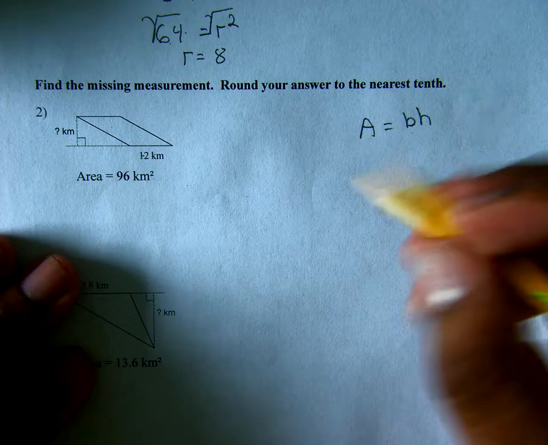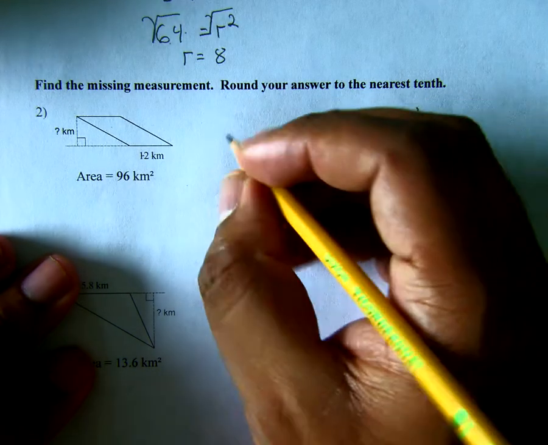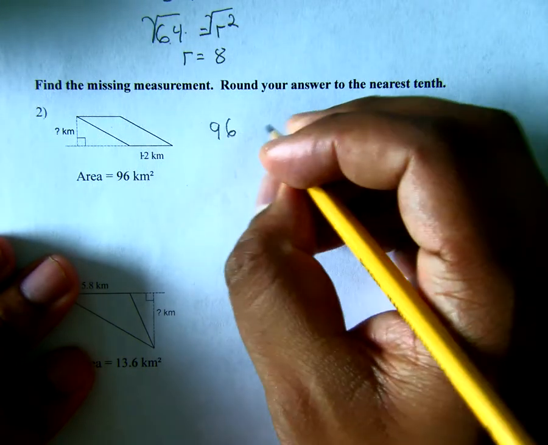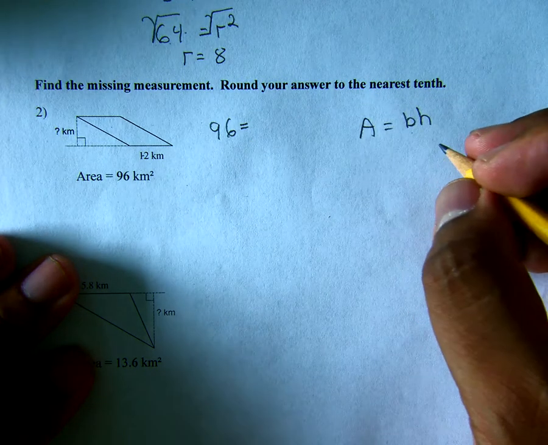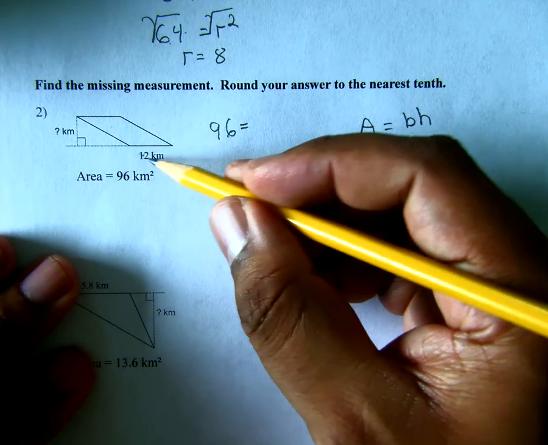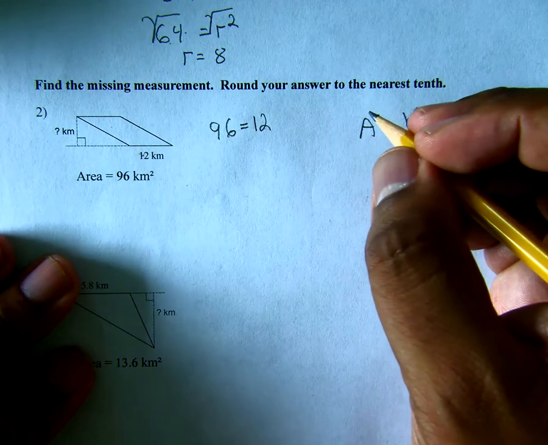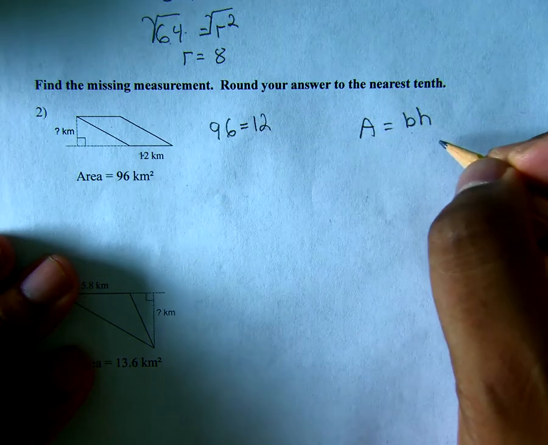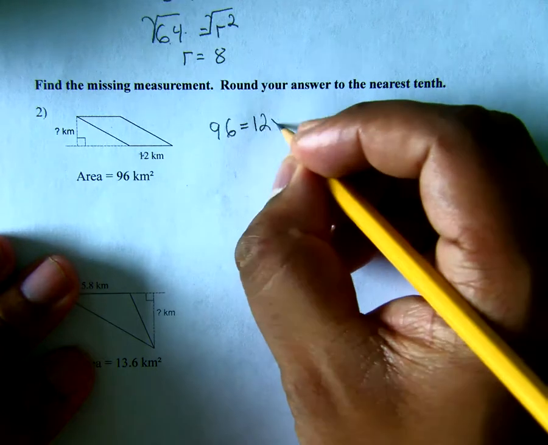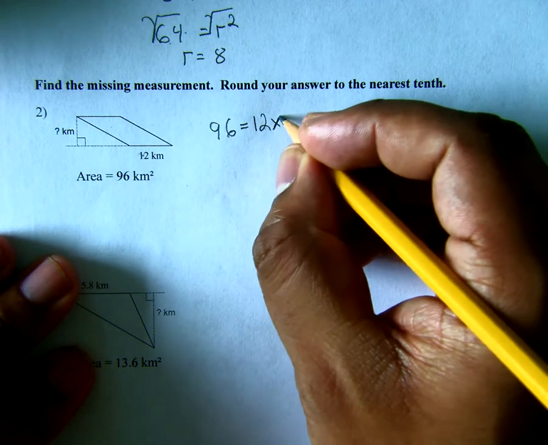All right, now we know what the area is, which is 96. And we plug that in, and we also know what the base is, which is 12, so I'll write that as well. And the base is times the height, which is what we're looking for, so I'm going to put x here for what we're looking for.